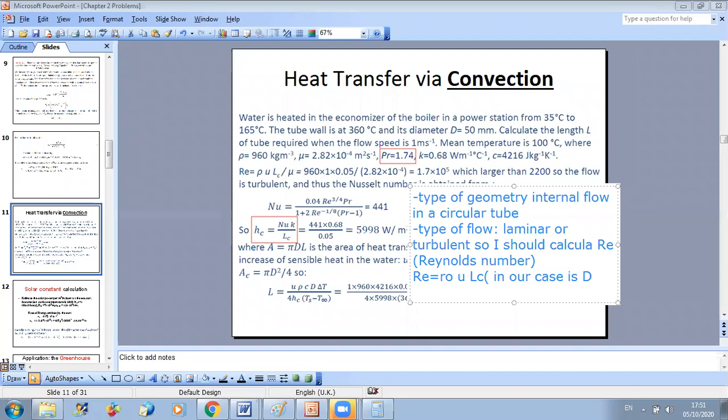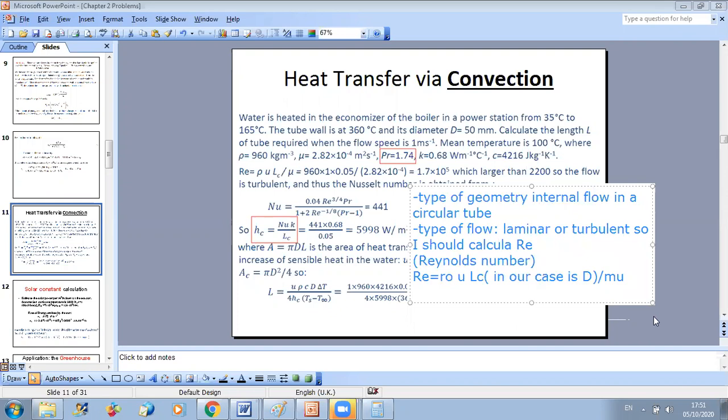Over, and we divide by mu, which is the dynamic viscosity of the flow. You have two types of viscosities: dynamic viscosity, which is mu, and kinematic viscosity, which has a different symbol.